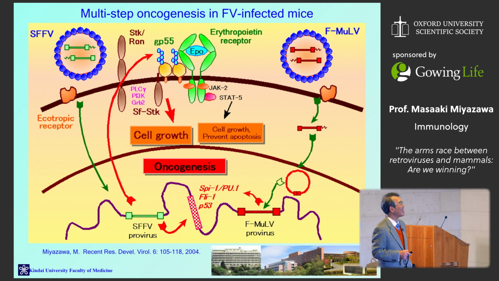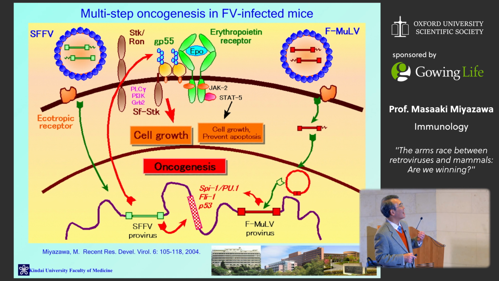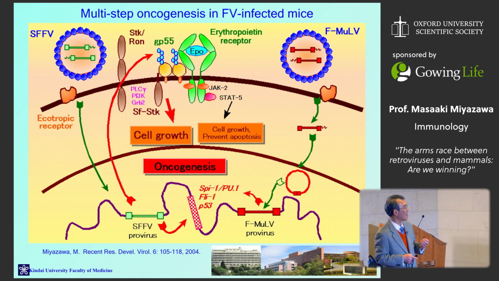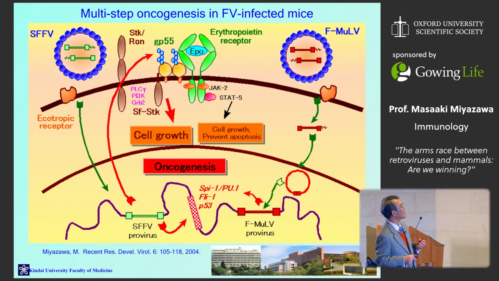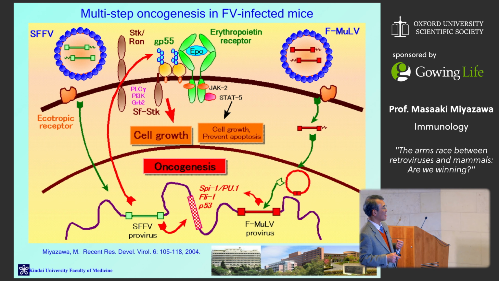And this protein gp55, encoded by the spleen focus forming virus env gene, also interacts with the tyrosine kinase type receptor expressed on hematopoietic cells, and it causes the rapid growth of hematopoietic cells. So when infected with Friend virus, the erythroid cells proliferate very rapidly due to the stimulation through the erythropoietin receptor and this hematopoietic cell specific tyrosine kinase.